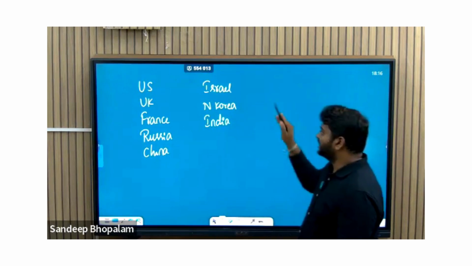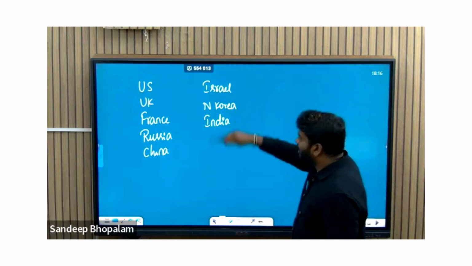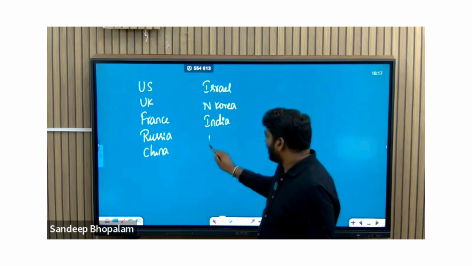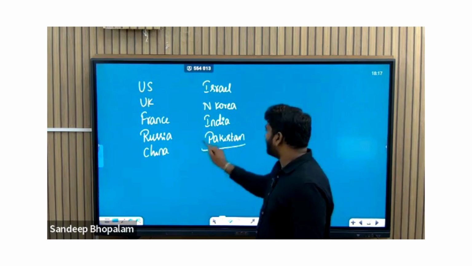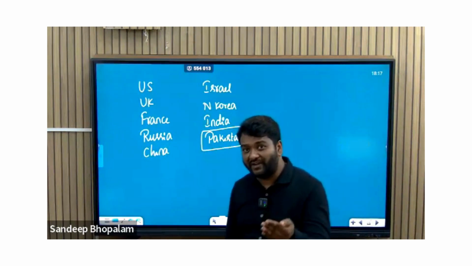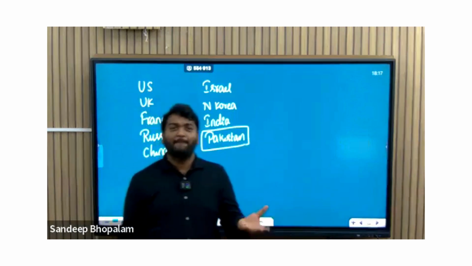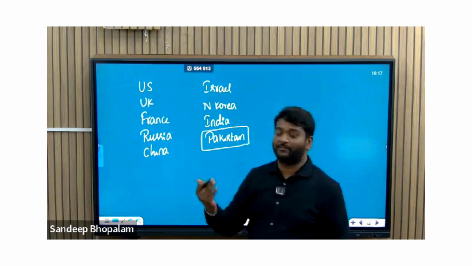All these countries have ICBMs, intercontinental ballistic missiles, and all have nuclear weapons also. Pakistan is the only nuclear weapon country which does not have an ICBM. One of the main reasons Pakistan says is, I don't need a ballistic missile because my target is mostly India. I am not going to target anyone.